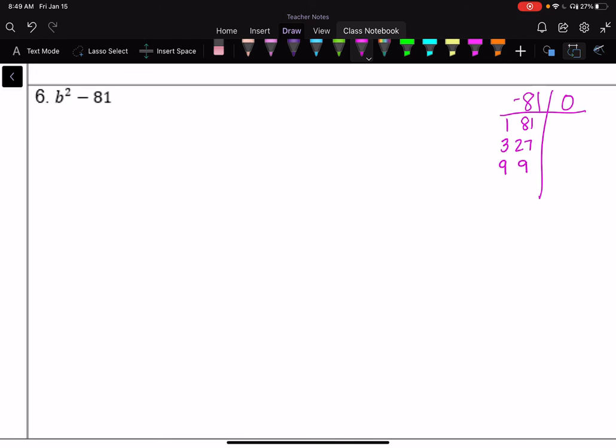So since my a times c value is negative, we know that I must have one negative and one positive. So to make it add to be 0, they're going to have to be the same number, but one negative and one positive. So my only option here is 9 and 9. One will be positive, one will be negative, and that will give me 0.